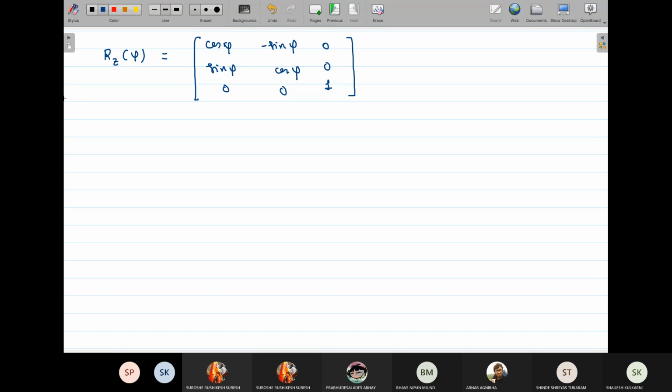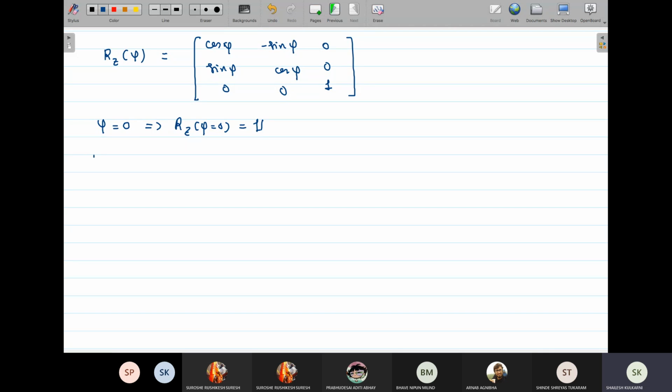I will start from phi equal to 0. For phi equal to 0, this will be just the identity, because the sines will be 0 and the cosines will be 1. So Rz of phi equal to 0 is the identity matrix.